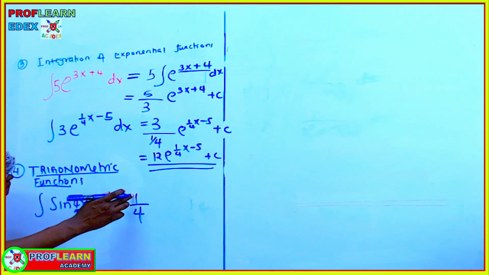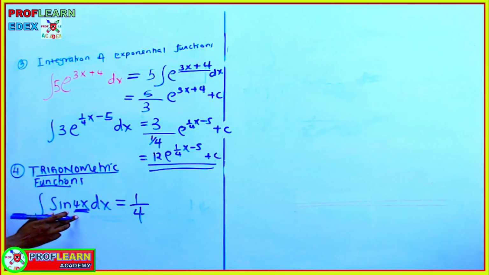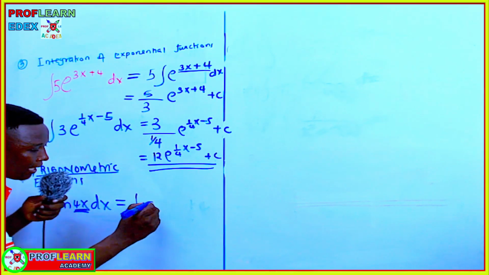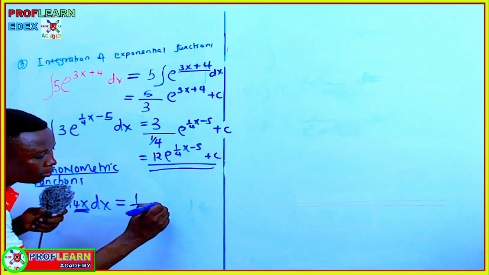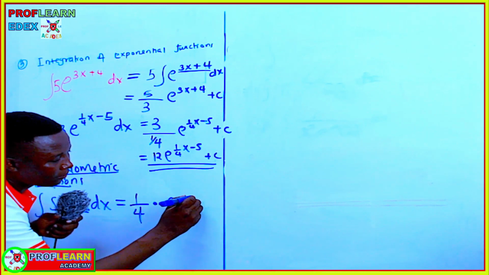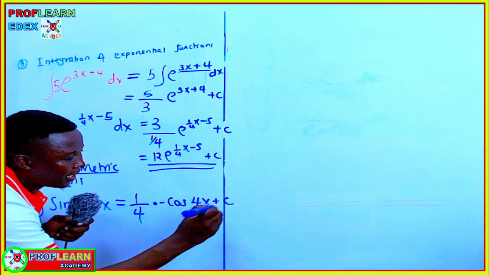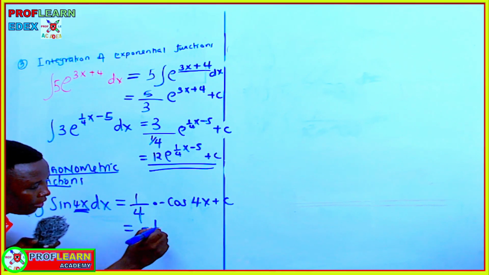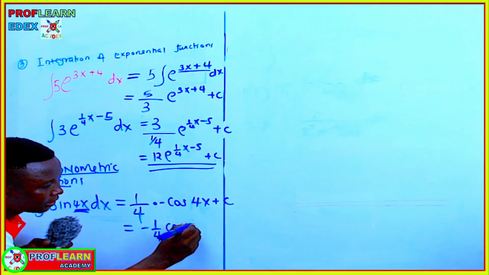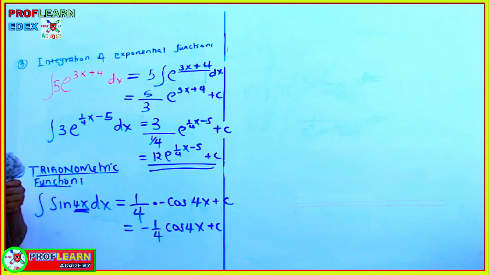So you are going to say 1 over 4 of this. You are getting it from this point. And then you now integrate the sine itself. So this is going to be negative cos 4x then plus c. So finally, we're going to have negative 1 over 4 cos 4x then plus c.